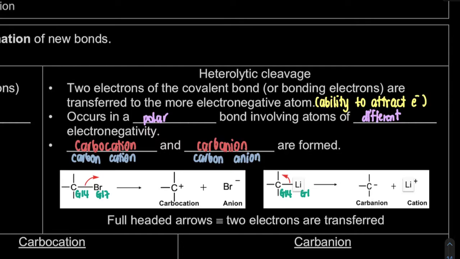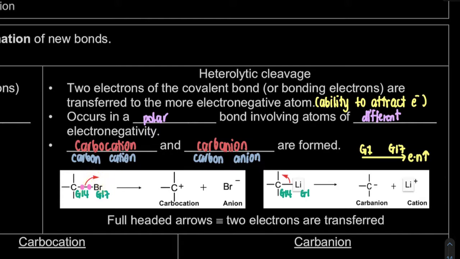For example, here we have carbon and bromine. Carbon is group 14, bromine is group 17. In terms of electronegativity, remember that across the period, electronegativity increases, so bromine is more electronegative. Here we have two electrons, and they will be transferred to the bromine.